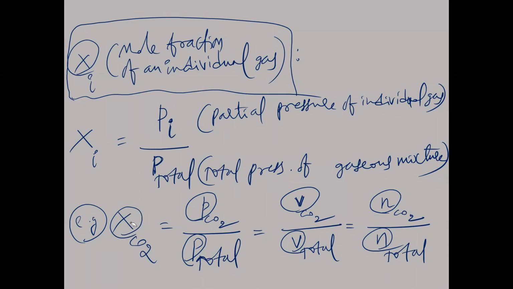So we can write here: mole fraction of any gas is equal to partial pressure of that gas by total pressure, which equals partial volume of the gas by total volume, which equals number of moles of that particular gas upon the total number of moles of the gaseous mixture.